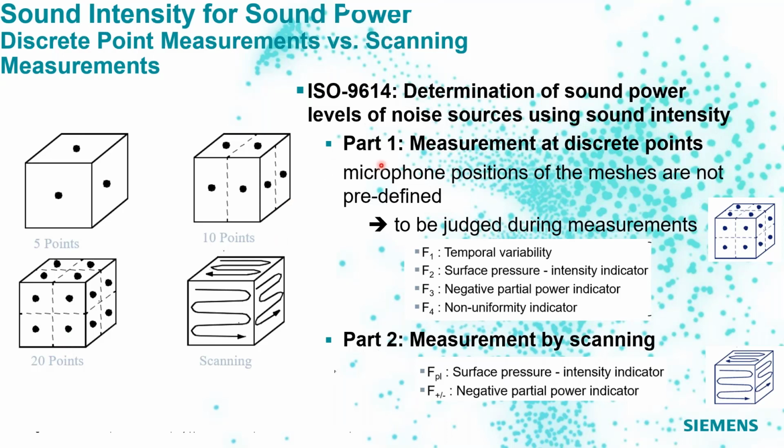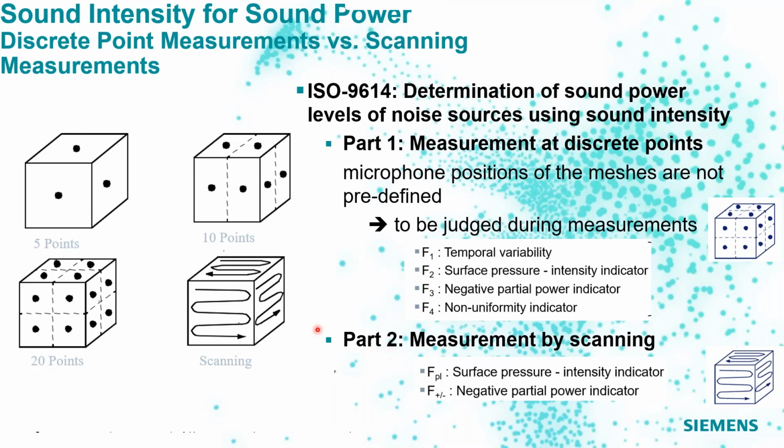The other method is measurement by scanning, where instead of discretization, you are scanning the surface. You take the intensity probe and scan the surface, first horizontally and then vertically. So you do it 2 times on each surface, and you can get the intensity for each of the surfaces, from which you can then compute the sound power.